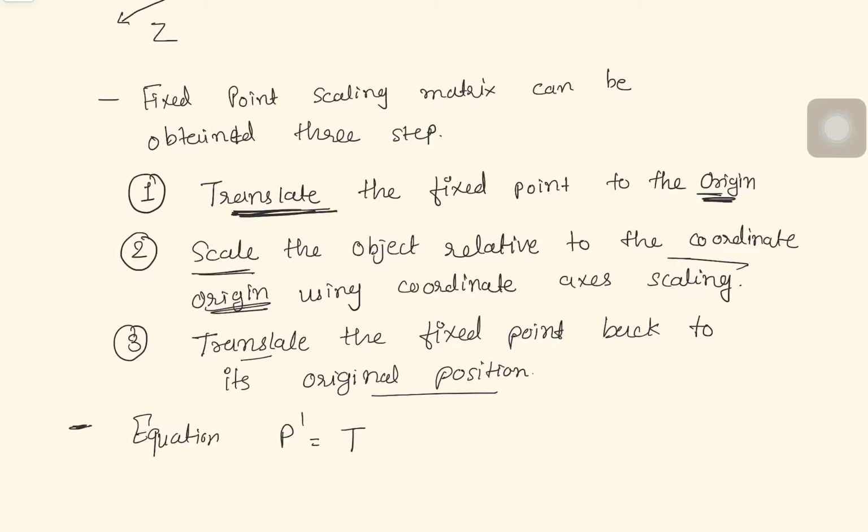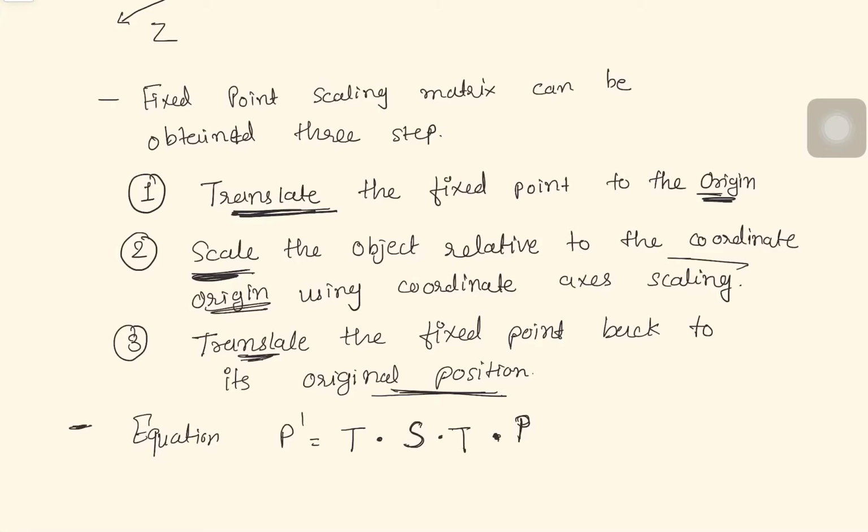So T into scale the object relative to the coordinate origin. So T into S into again T into P, because we have to translate the fixed point back to its original position, and last into P.